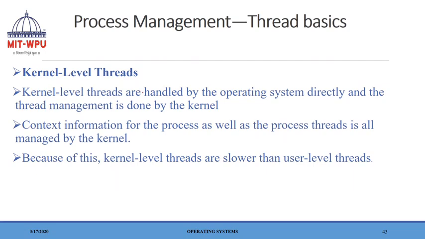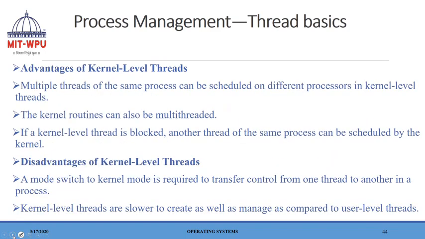Kernel level threads are handled by an operating system directly and the thread management is done by the kernel. Context information for the process as well as the process threads is all managed by the kernel. It means all kernel level thread synchronization and scheduling is done by the operating system or the kernel. Because of this, kernel level threads are slower than the user level threads.